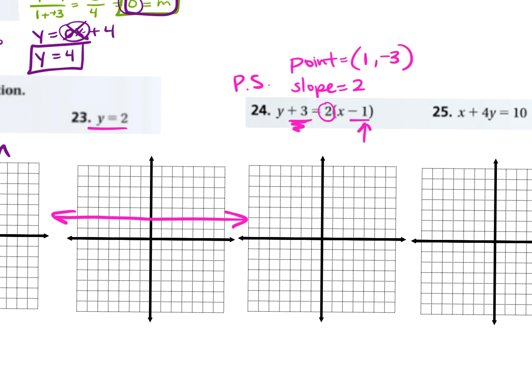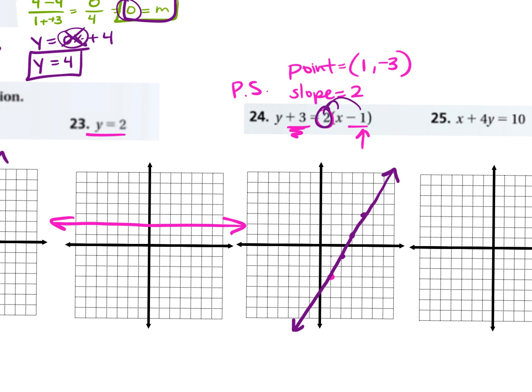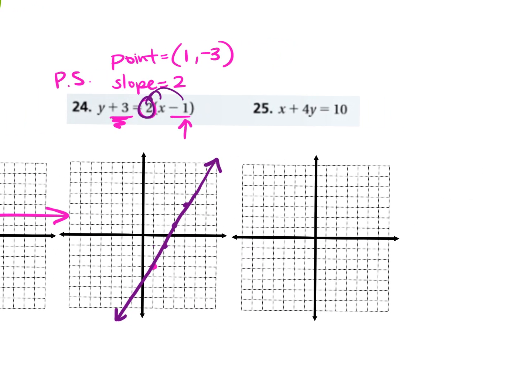So 1, -3 puts us here. And then with a slope of 2, we're going to go up 2 to the right 1. Up 2 to the right 1, up 2 to the right 1. So you get this line in point slope form. Now you could have turned it into slope-intercept and solved for y and done it in slope-intercept form also. Sometimes that's great, other times it's not as great.